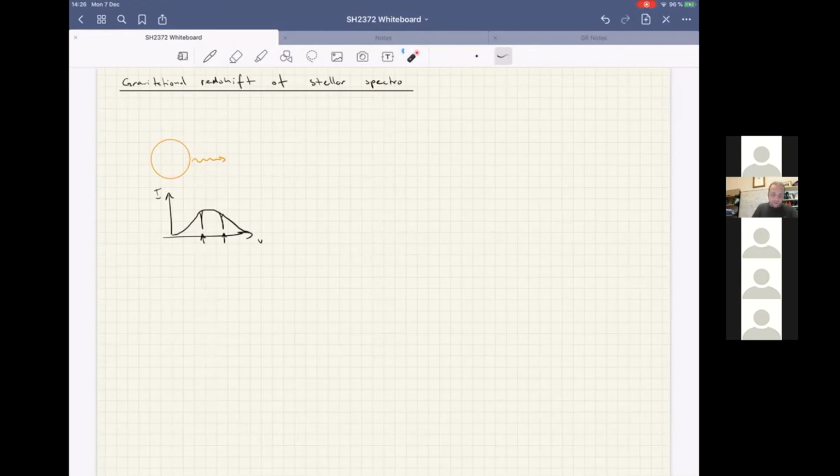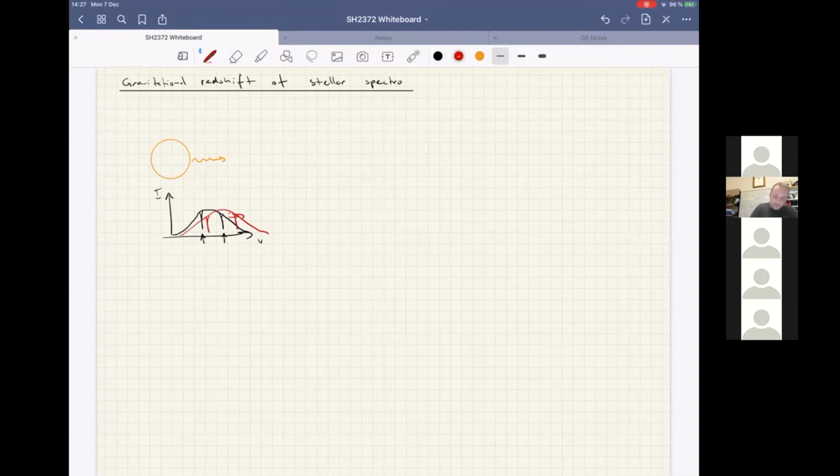So that means that you're going to have gravitational redshift of this photon. The absorption line is here going to be at the absorption frequency that you would expect from that particular element. But what's going to happen instead is that it is going to get redshifted. So what you're going to observe is a redshift of this entire spectrum. Redshift is towards smaller frequencies. So the entire black body spectrum, but also the absorption lines, are going to be redshifted.